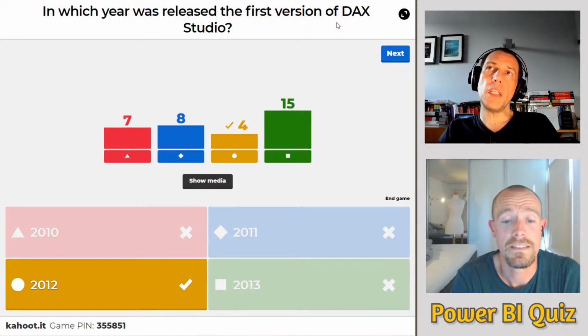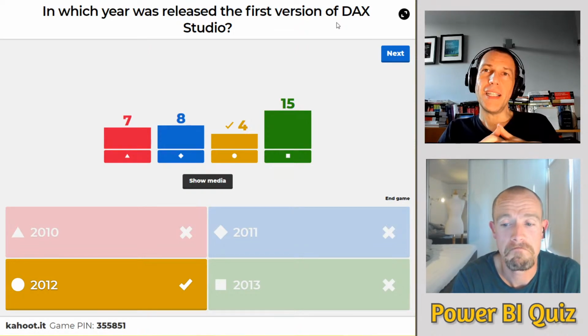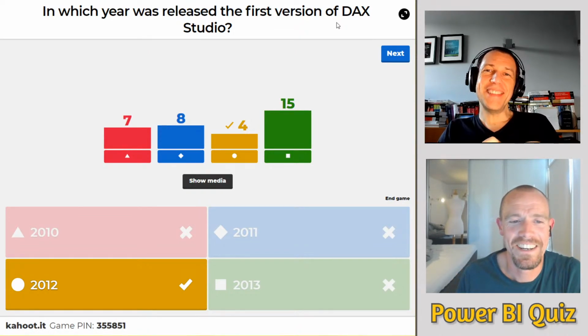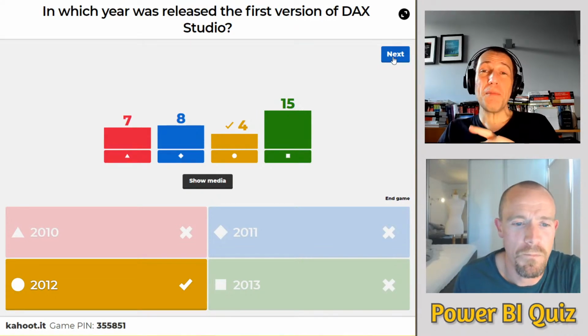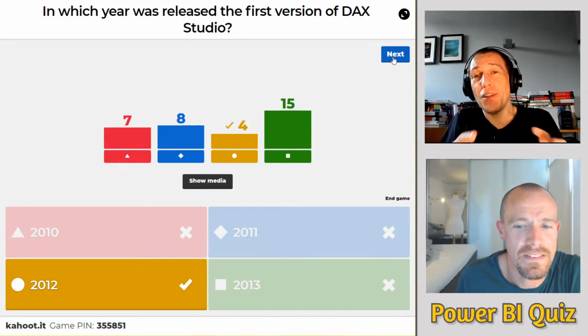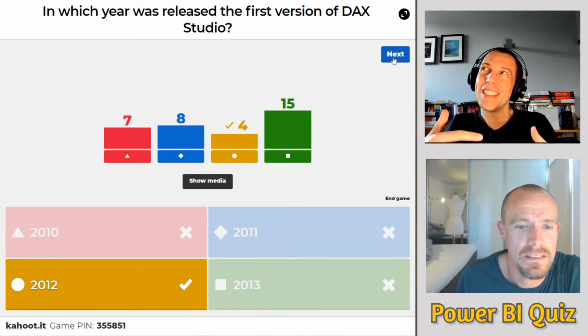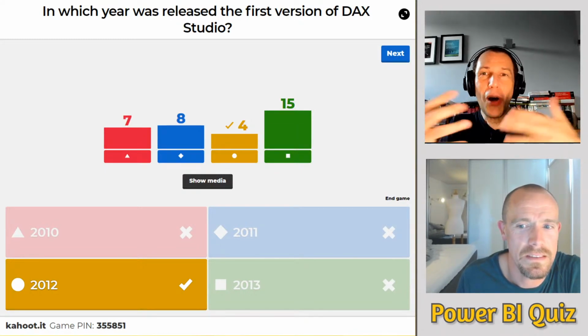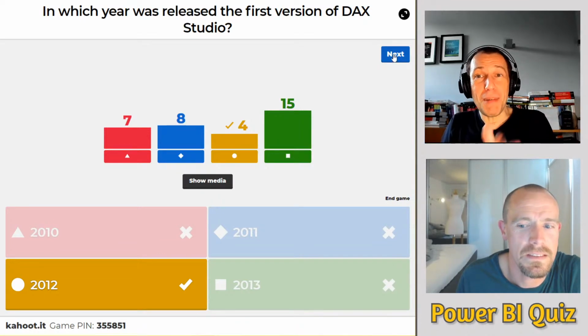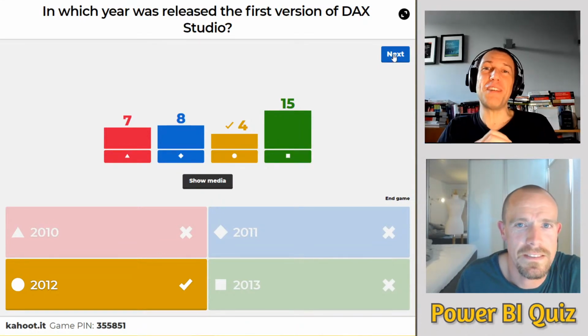But actually, we released the first version of DAX Studio in 2012. A lot of people just guessed, I think. Probably if you Google that, you will find more blogs and things like that in 2013. But actually, the first release was in 2012.